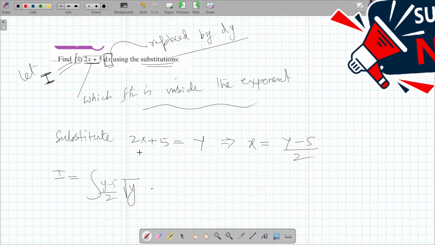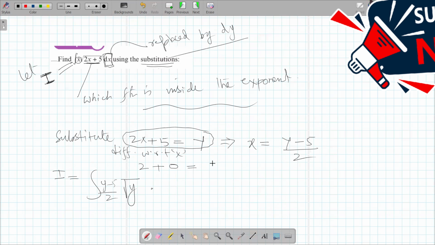So how is this done? From this substitution, we are going to differentiate both sides with respect to x. What is the derivative of 2x? If we differentiate with respect to x, the derivative of 2x is 2, right? What is the derivative of 5? Zero.